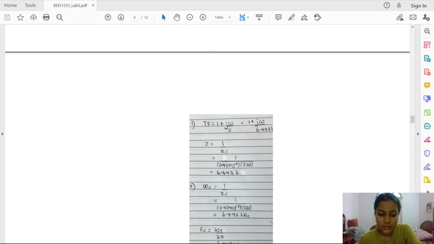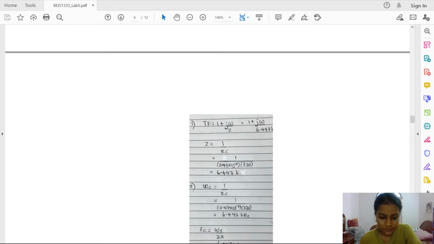But in the high pass filter, the maximum amplitude occurs for higher frequencies rather than for lower frequencies. Since the cutoff frequency corresponds to the half power, it is also called the half power or 3 dB down frequency.